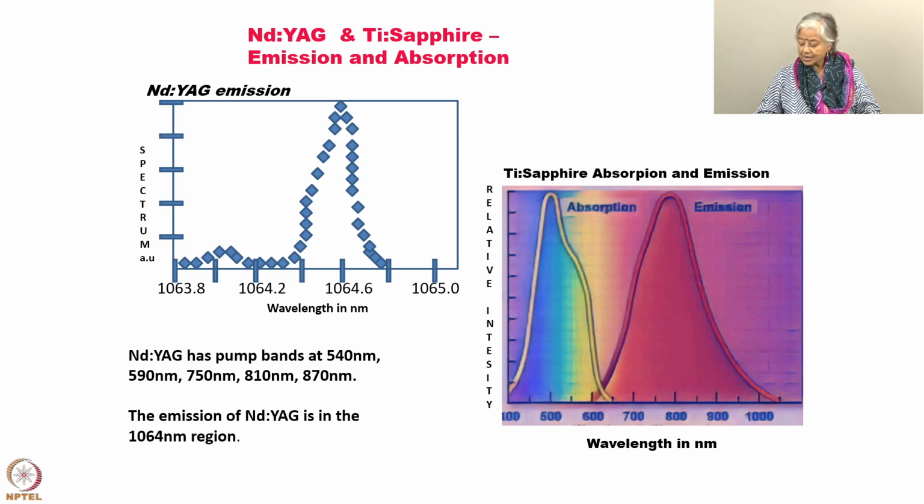You can see the wavelength spans from around 600 nanometer to 2000 nanometer, and it goes beyond also. So, it has a very wide bandwidth. Wide bandwidths are useful for getting shorter and shorter pulses, because pulse time is inversely proportional to this bandwidth.